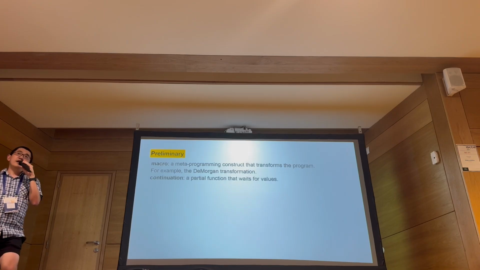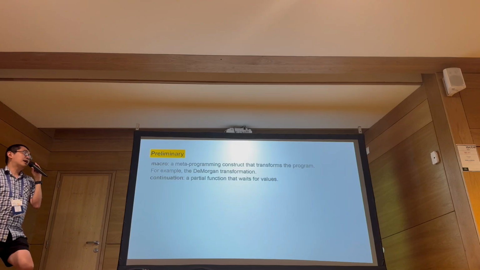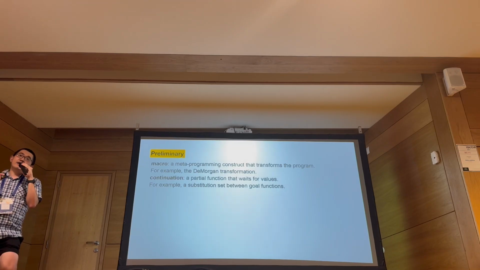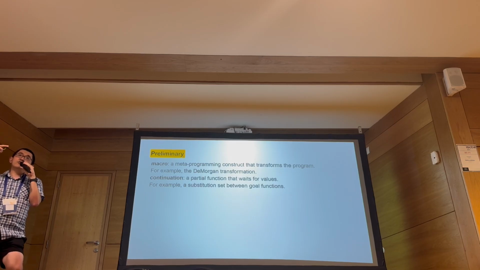The next one is the continuation. A continuation is just a special term for a partial function that waits for some values. For example, in logic programming, it's the substitution set passed between each goal function. During the proving process, we try to prove a subgoal to be true, so you are waiting for the substitution to be updated by the previous proving process.